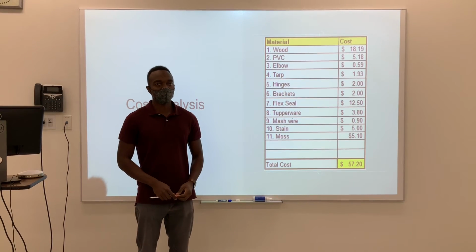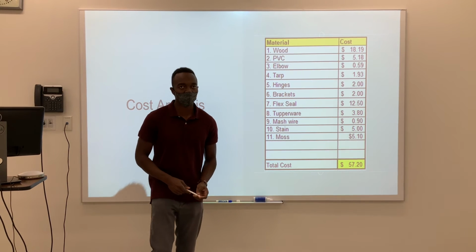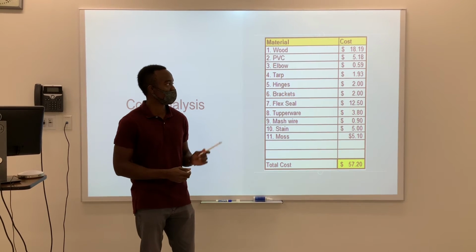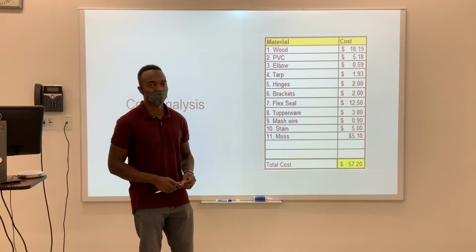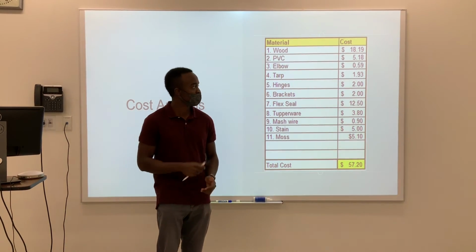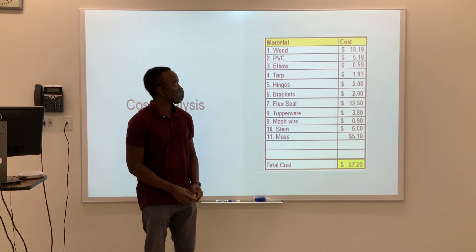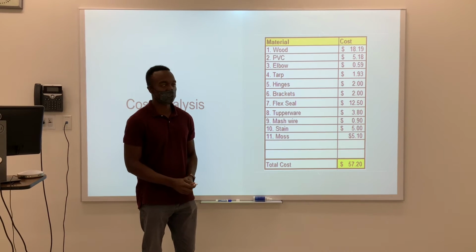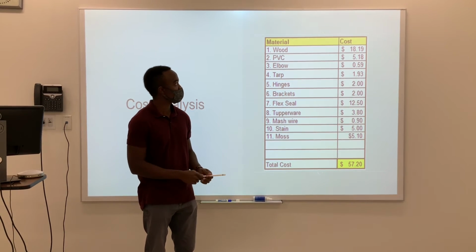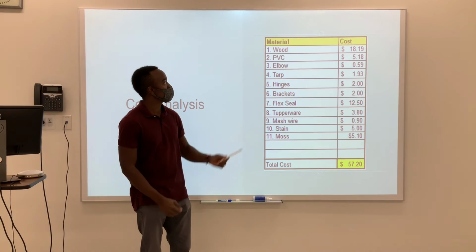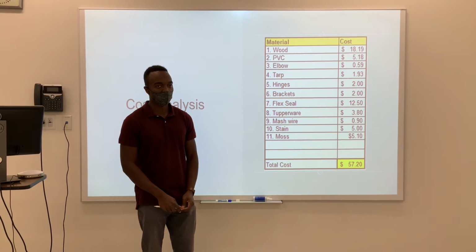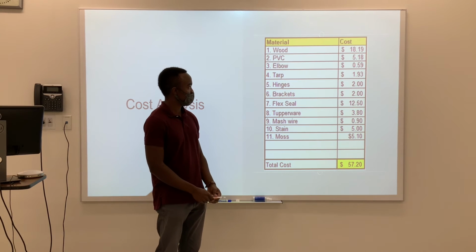For the cost analysis of our fountain project, we tried to come up with a more efficient and cost effective choice of materials to use for a fountain. The main material was wood, which cost $18. We used PVC, an elbow, tarp, and hinges.